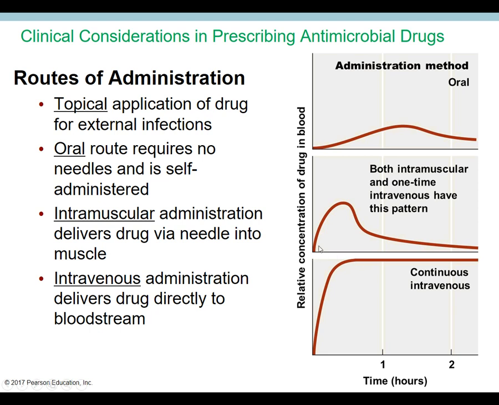So if you really want a higher level and faster, you need to do an injection. An intramuscular injection or a single intravenous injection would give you this high peak, and then the liver would clear it out. If you want a continuous high level of the drug in the blood, you have to have an intravenous, an IV drip that's continuous.